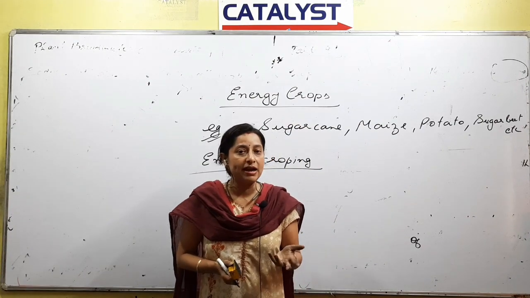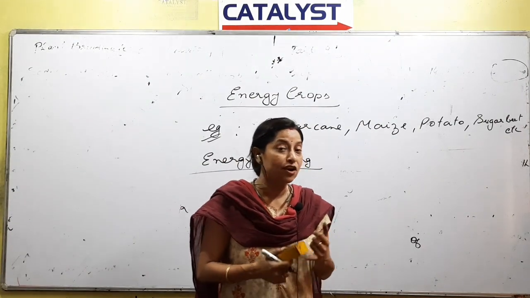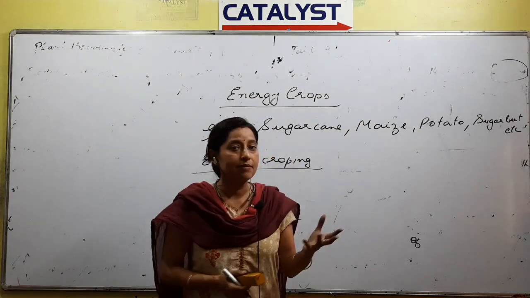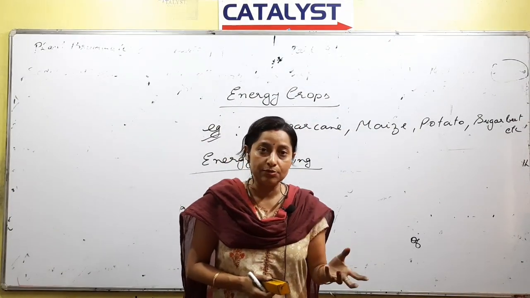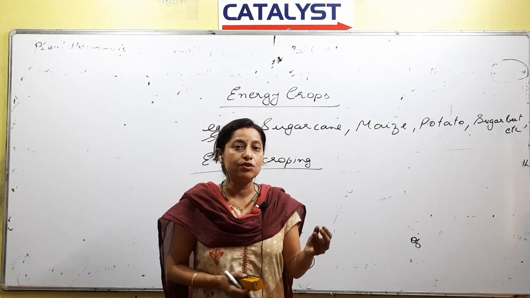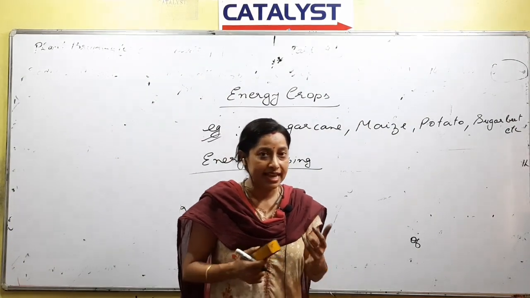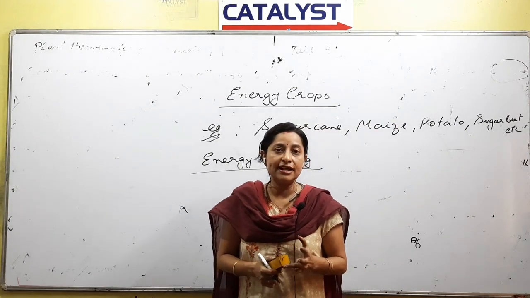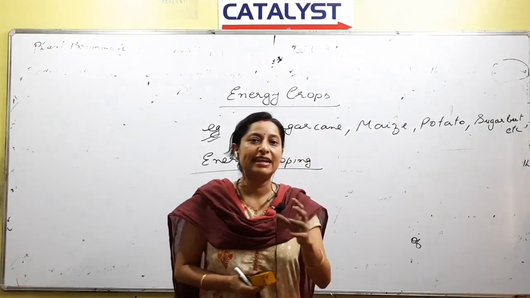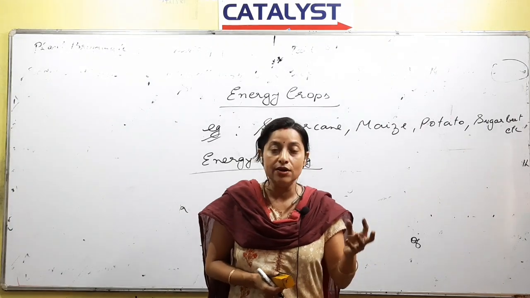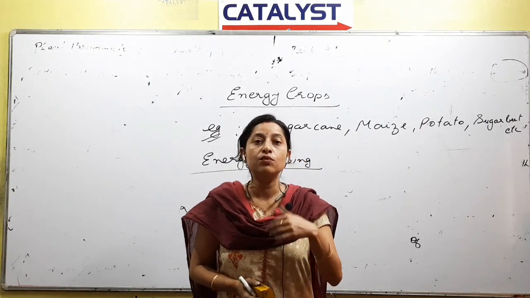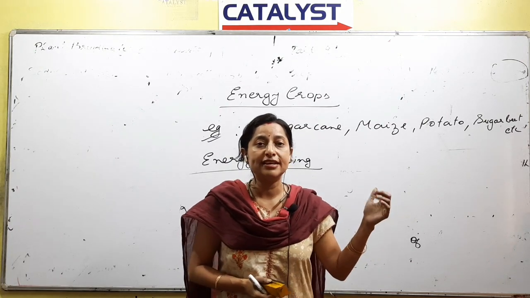And what are the drawbacks we are talking about? First is very high cost. To run this type of program, to produce alcohol from plants, it is very costly. So the cost factor is one of the disadvantages. Second is loss of agricultural land. Loss of agricultural land means the land where we were growing proper crops, crops that were meant for food, instead of that we are planting crops from which we can take out alcohol.